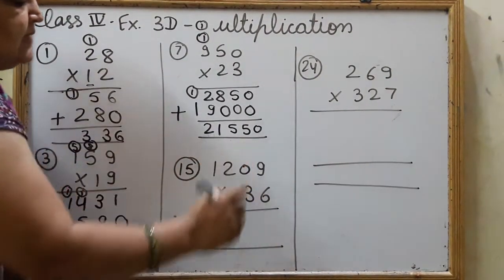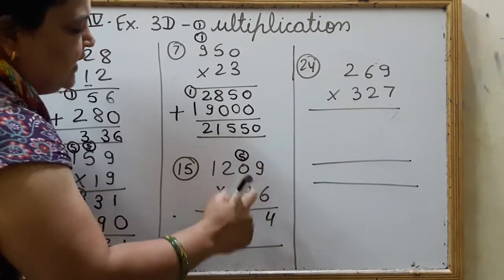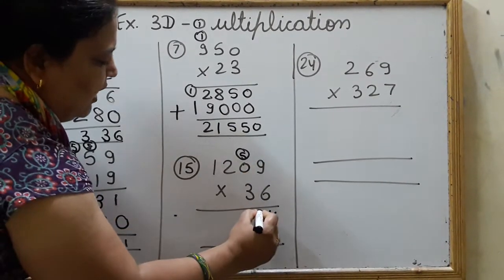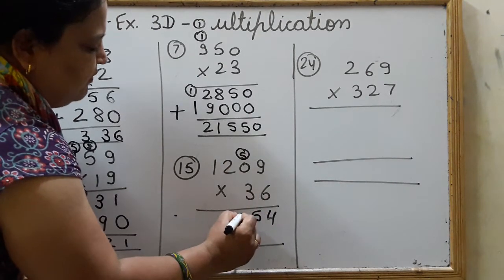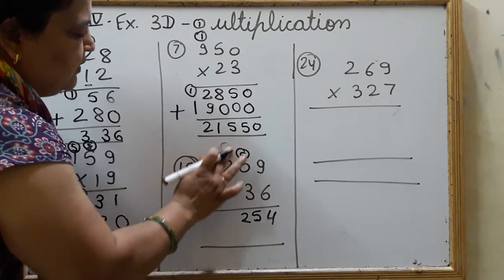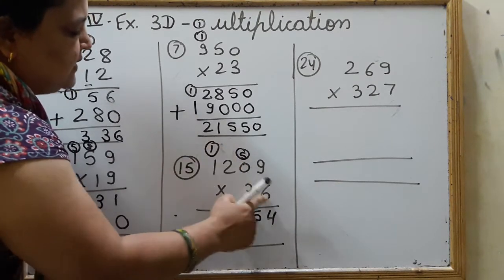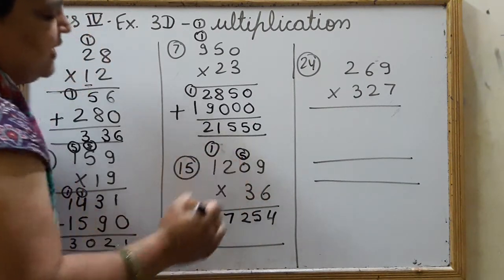Okay, 6 9s are 54, 5 is carry, 6 zeros are 0 and 5, 6 2s are 12, 1 carry, 6 1s are 6 plus 1 is 7.